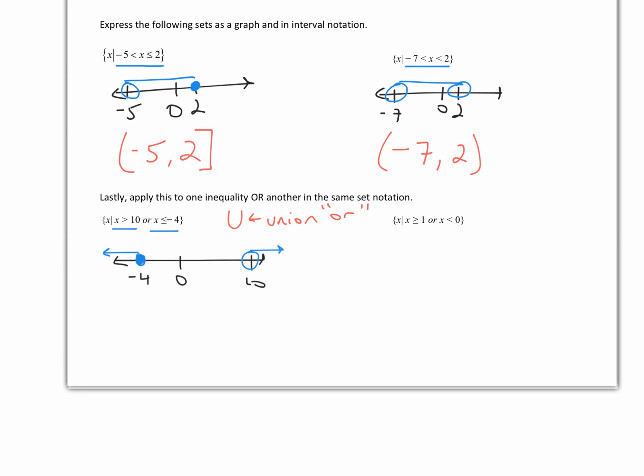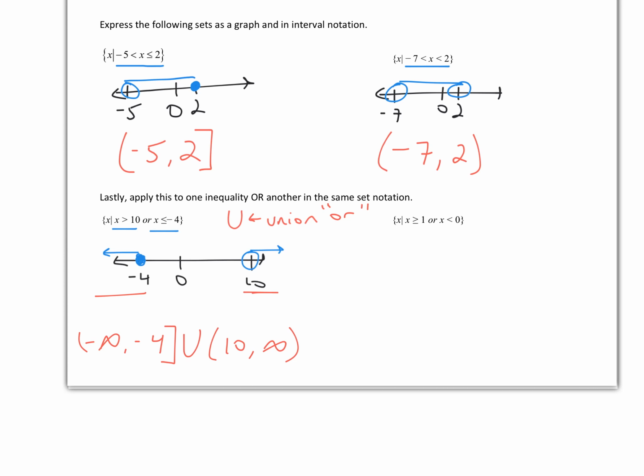So let me show you what I mean. If I look at this one first, it's -infinity, always with a parenthesis, and then it ends at -4, bracket. This one starts at 10 with a parenthesis, ends at infinity with a parenthesis, and then we just need a union to represent that those two are connected.